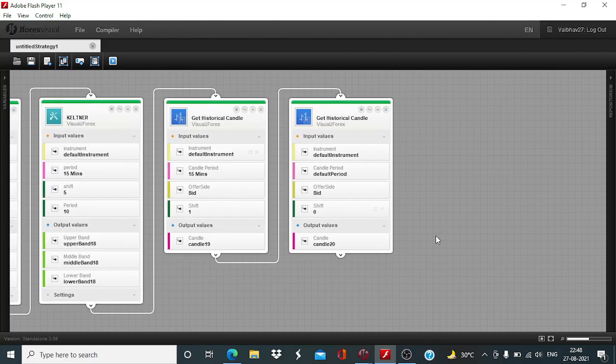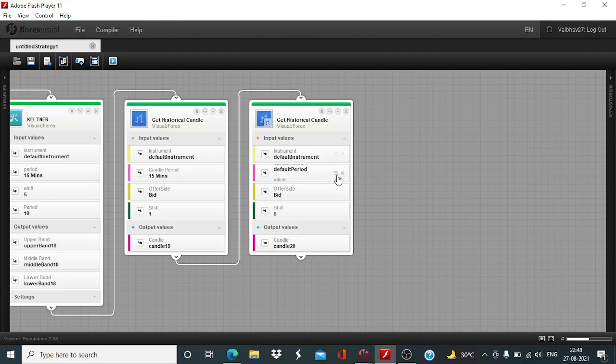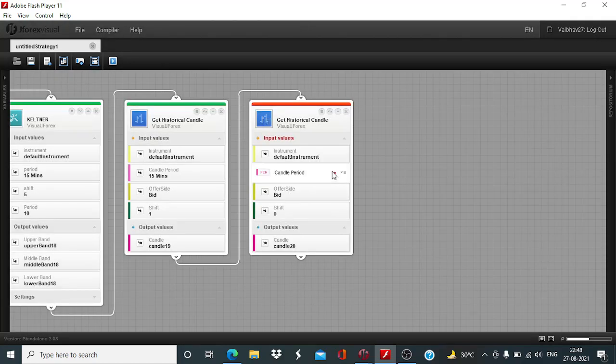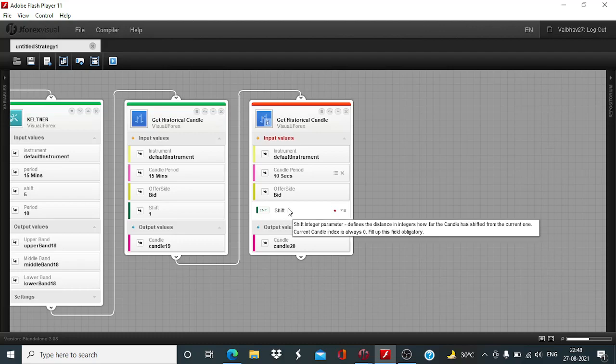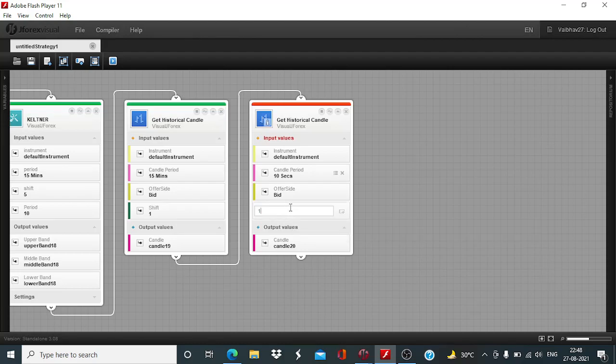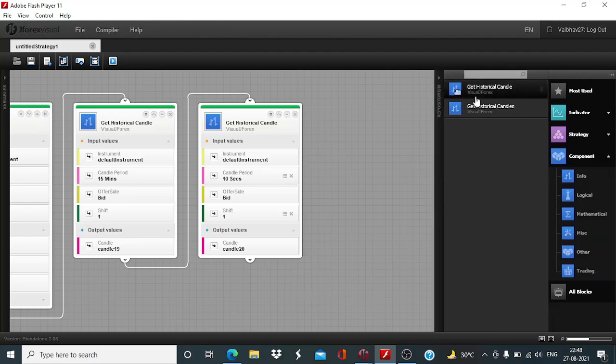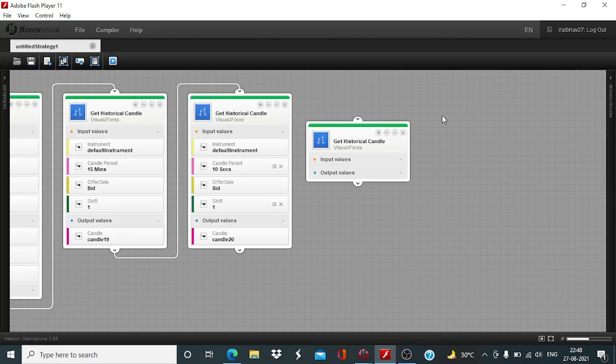And after that, we will need the 10-second blocks to define the execution point. So I will change this to 10 seconds and the shift value of 1, and one more with the shift value of 2.